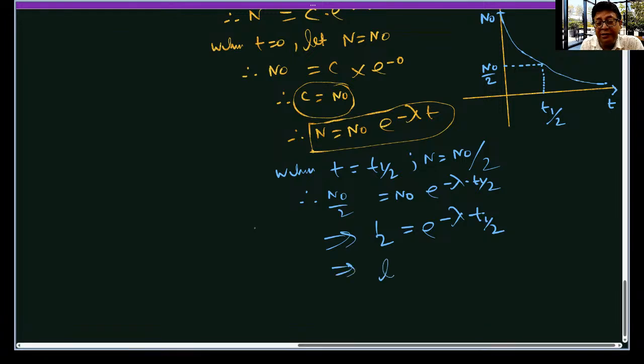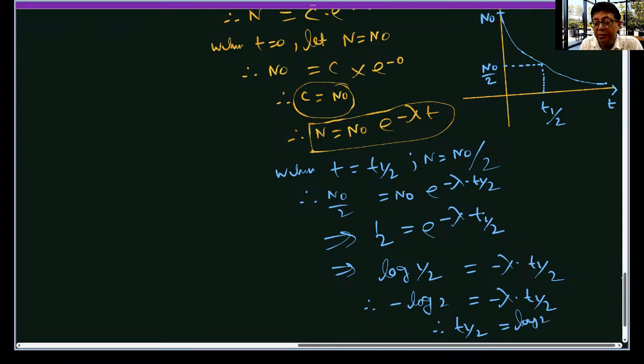Taking log of both sides, log half equals minus lambda t half. So minus log 2 is minus lambda into t half. T half is log 2 by lambda. This lambda, I remind you, is the decay constant.